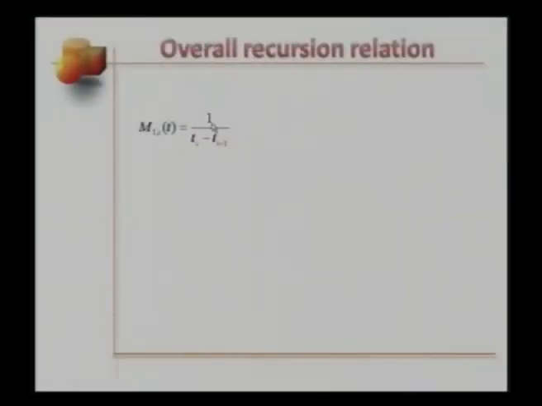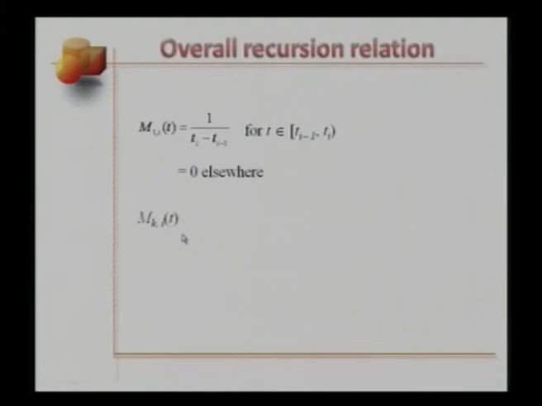So the overall recursion relation looks like M1i(t) equals 1 over ti minus ti minus 1 for values of t in between ti minus 1 and ti, close bracket on the left, open bracket on the right, and it's 0 for all other values of t.